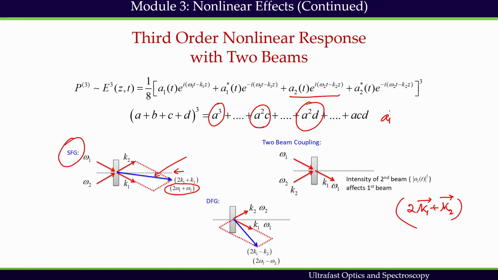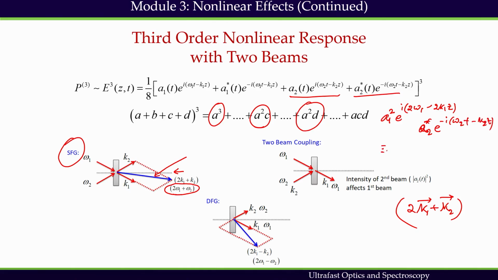In the a square d term, we have a1 square e to the power i (2 omega 1 t minus 2k1 z), multiplied by a2 star, because it's a d, so this one is d, so a2 star e to the power minus i (omega 2 t minus k2 z).